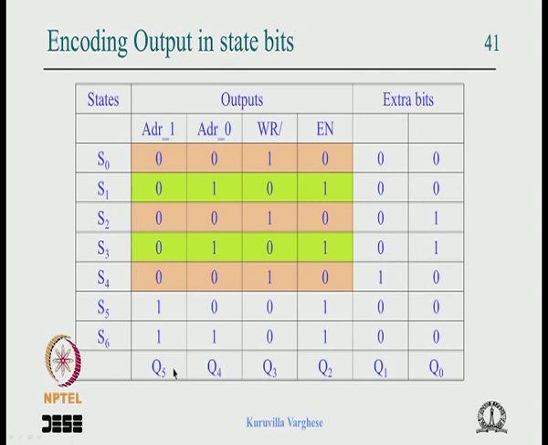There are 5 present state flip flops, which account for 2 raised to 5, 32 patterns, but we have only 2 raised to 4 output possibilities. Because the output is repeating across states, we are forced to add these 2 extra bits.